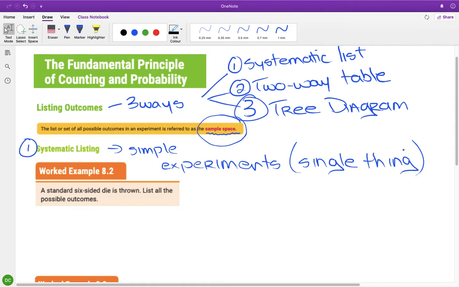That's 2 dice. That makes it complicated. But when you roll the dice once or you flip the coin once, that's simple. Okay, so these single experiments where you only roll the dice once or you only flip the coin once, they're much easier to create sample spaces for. So we just use systematic listing.